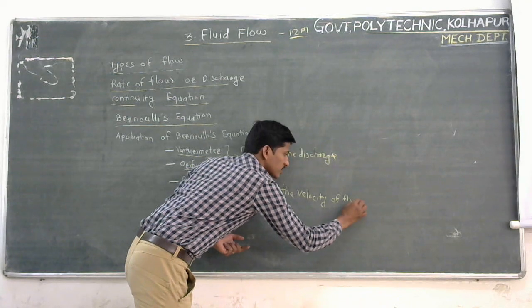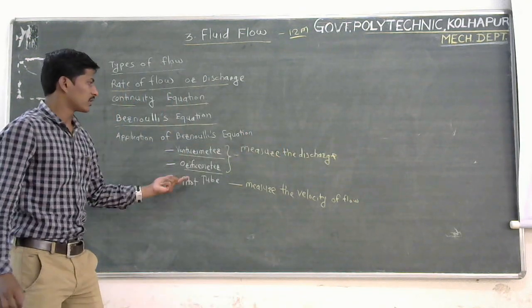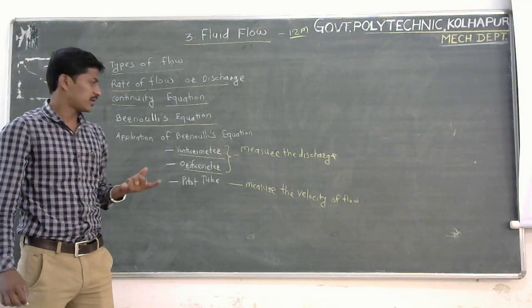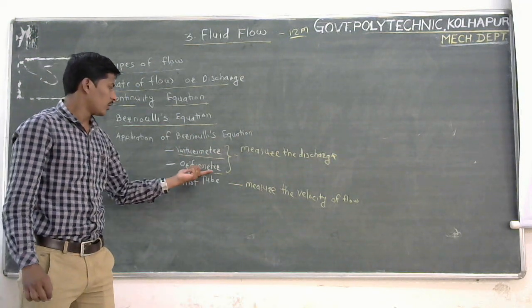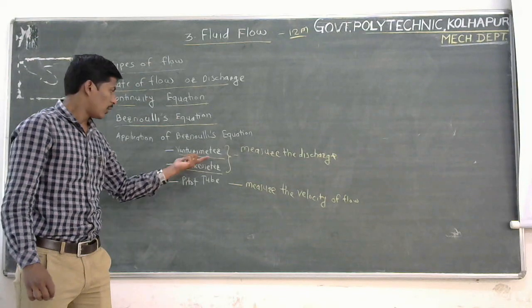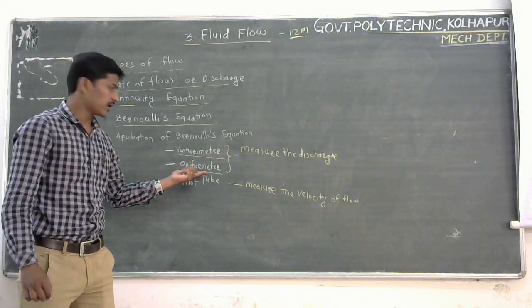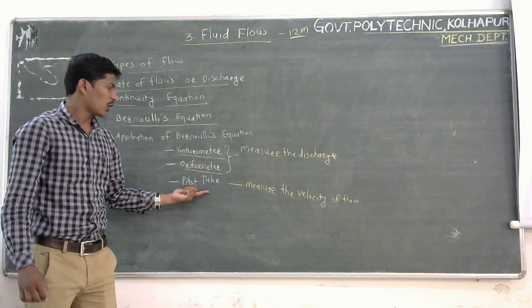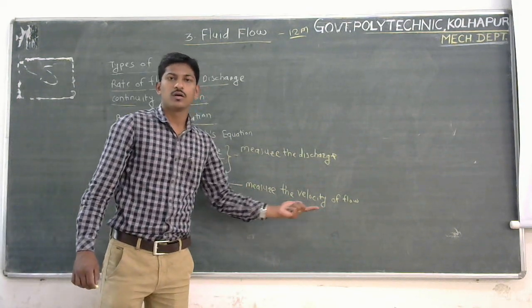So these applications of Bernoulli's equation are nothing but measuring devices: Venturi-meter, orifice-meter, and Pitot tube. Out of that, Venturi-meter and orifice-meter are used to measure the discharge, and Pitot tube is used to measure the velocity of flow.